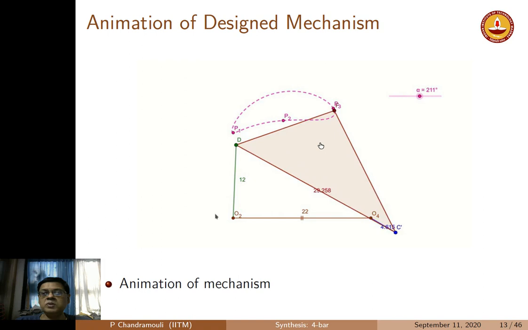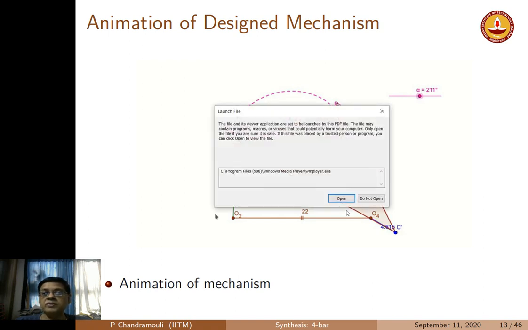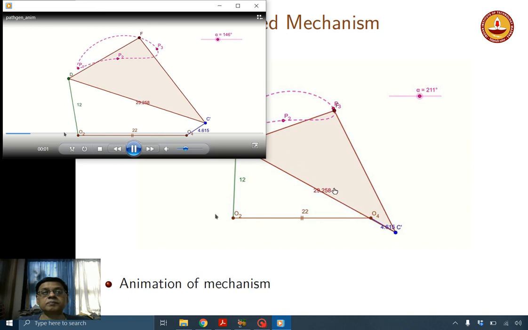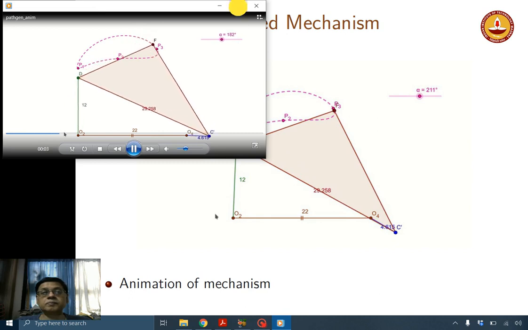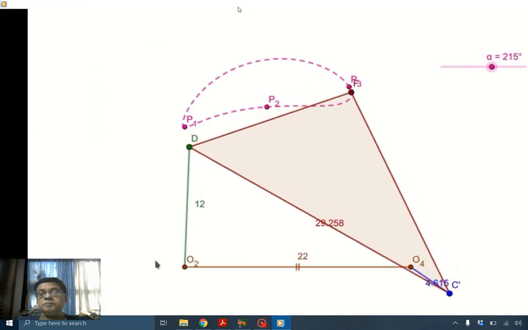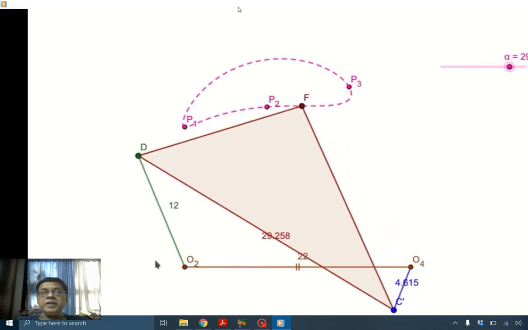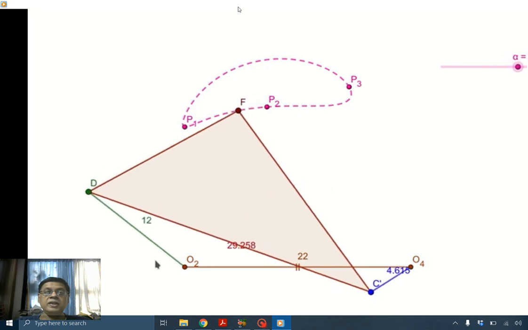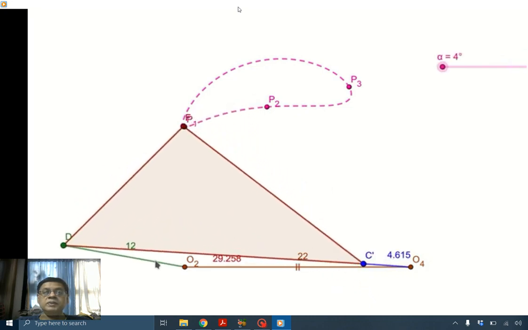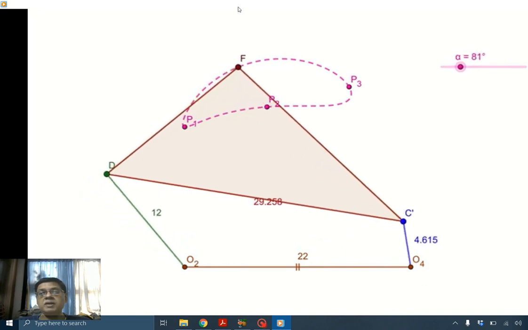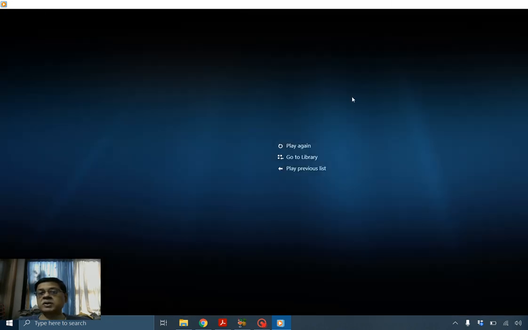So let's go through this. O4 is now the crank of this mechanism. You can see that the point F does go through the three coupler points P1, P2 and P3, but unfortunately it doesn't come out as a straight line.